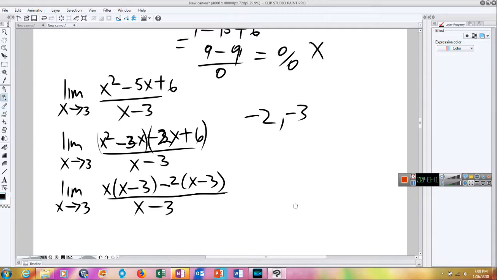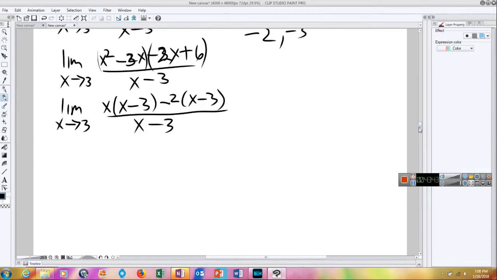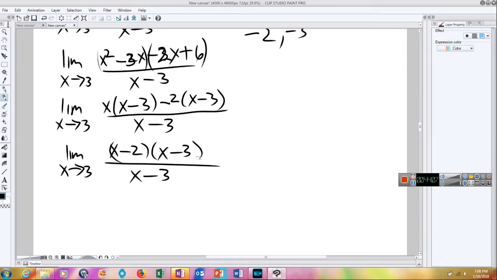And we're going to go even further to complete that expansion on the numerator by saying the limit as x tends to 3 for the function x minus 2 and x minus 3 over x minus 3.